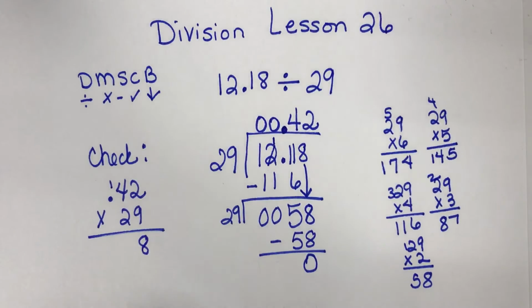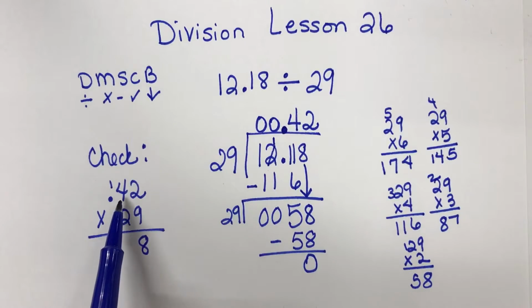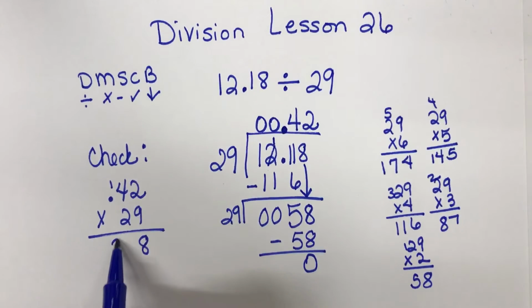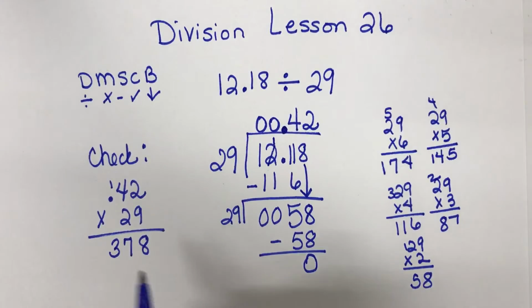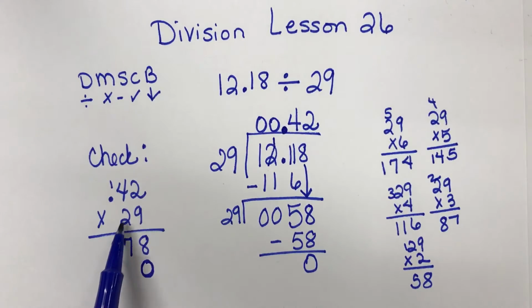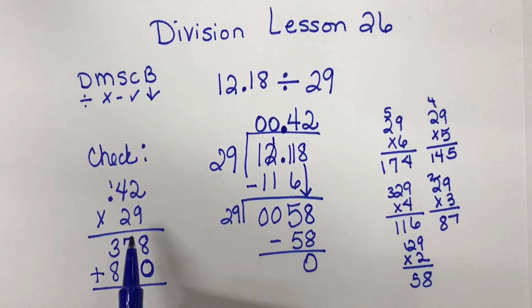Put my 8 down, carry my 1. 9 times 4 is 36, plus 1 is 37. I will need my 0 hero. And I will need to do 2 times 2 is 4, and 2 times 4 is 8. I will need to add these partial products. 8, 11.